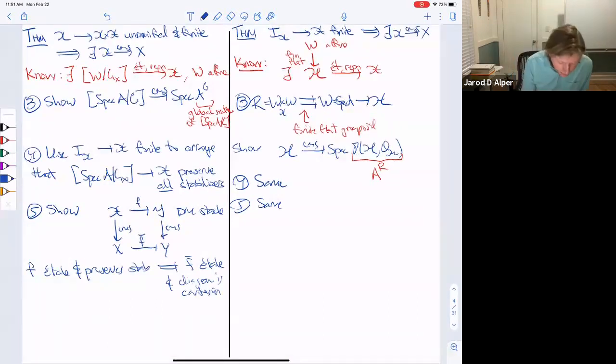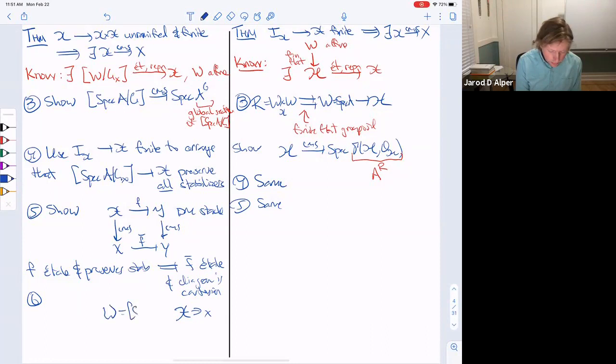And then the last step, putting everything together: we have our stack X, where we're locally trying to construct a coarse moduli space around a particular point. We find an étale neighborhood by a finite group, such that with this we know we have a coarse moduli space.